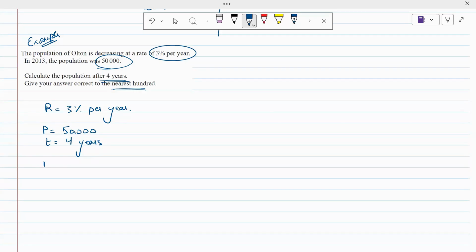So we'll use the decay formula only. A is equal to P into 1 minus R upon 100 whole power T. So A is equal to P, the principal, that is 50,000, 1 minus the rate, it's 3%, whole power 4.